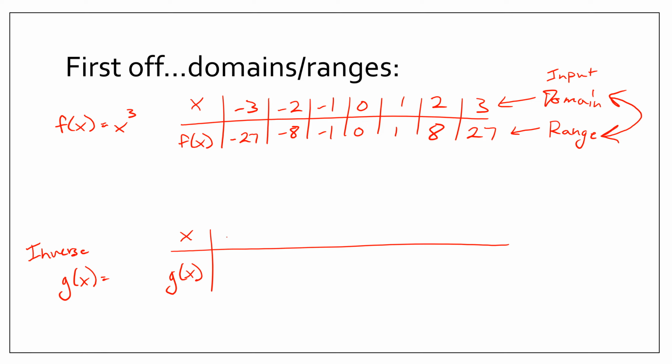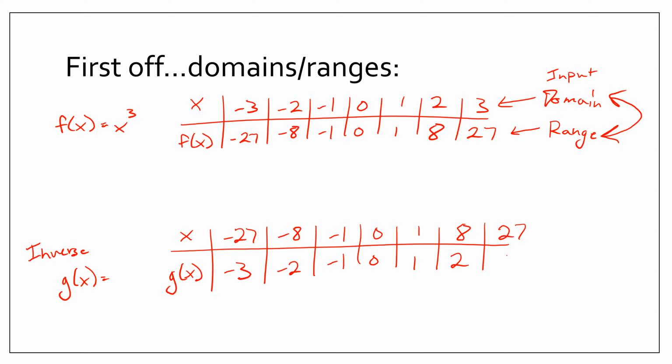If I input -27, I'm going to get out what? Well, -3. If I input -8, I'm going to get out -2. And so on. Do you see what's happening here? Basically, I'm taking numbers from the range of the original function, and they become the domain of the inverse function. So the domain and the range are flipped, and that's what an inverse function is.